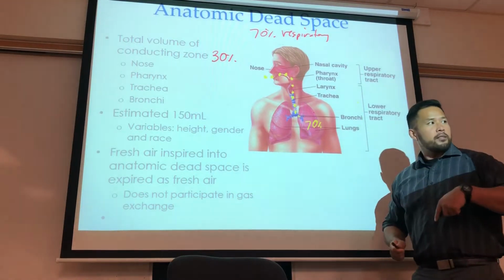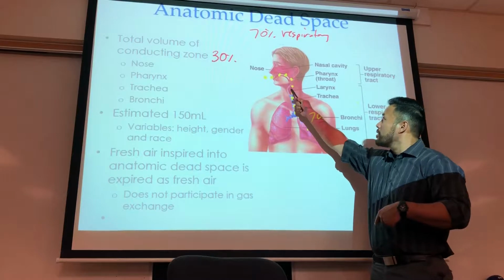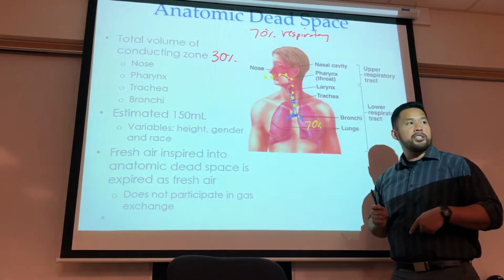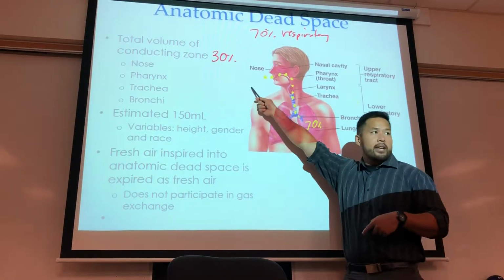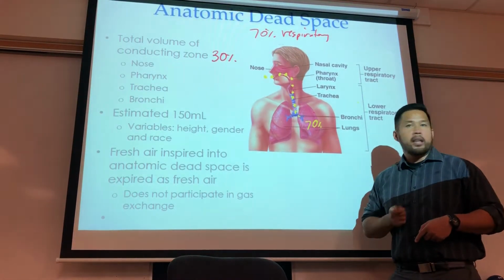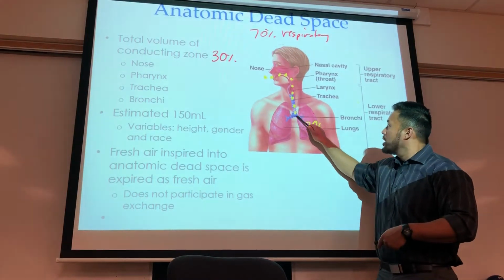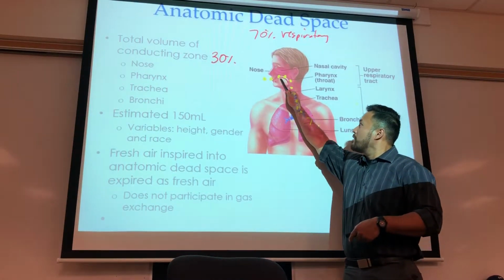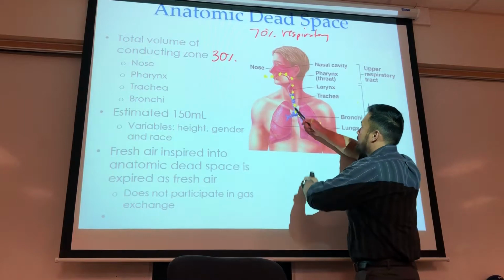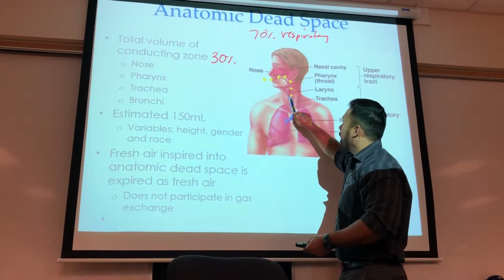So when somebody takes fresh air in, we would expect all this air to be the same composition of that of outside air. It's fresh air that gets trapped in the airways. And when somebody exhales the air out, they're going to be able to push some of that air being fresh air, and once you completely empty the lungs out, now you've got all that fresh air out, you're going to continually push old air out.